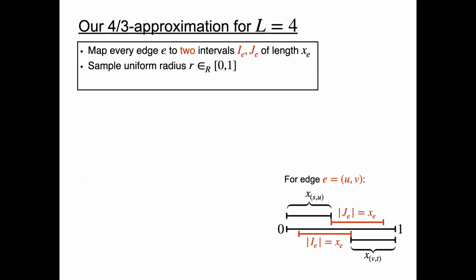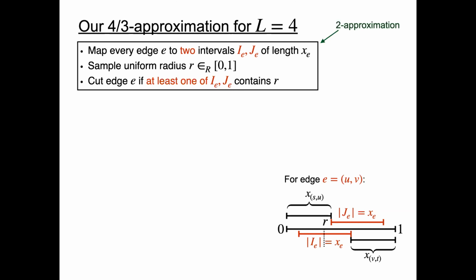And then once again, we take this uniformly random radius between 0 and 1, and we cut every edge whose intervals are hit by this radius. We can hit either one of the intervals or both, it doesn't matter. Either way, we cut that edge. Okay, so that's at least part of our algorithm, but this only gives a 2 approximation, right?